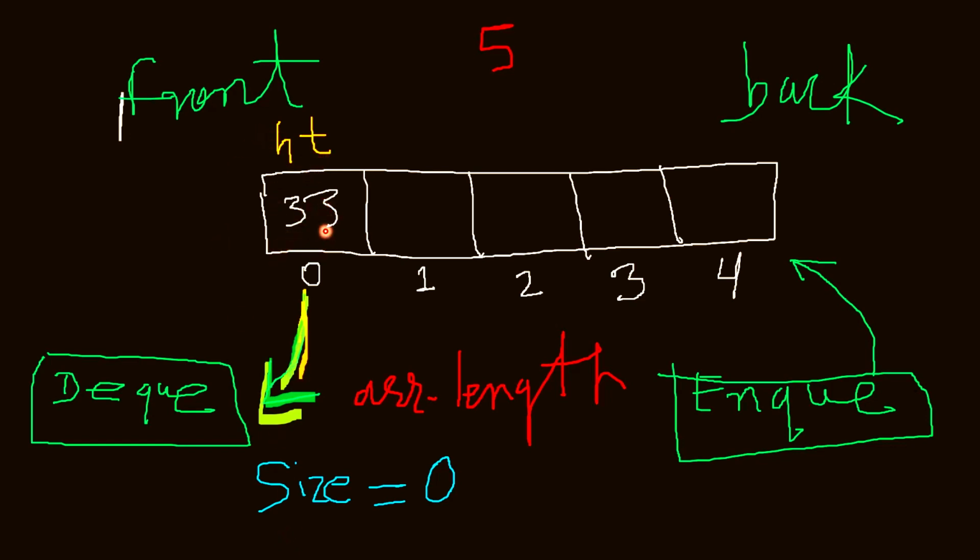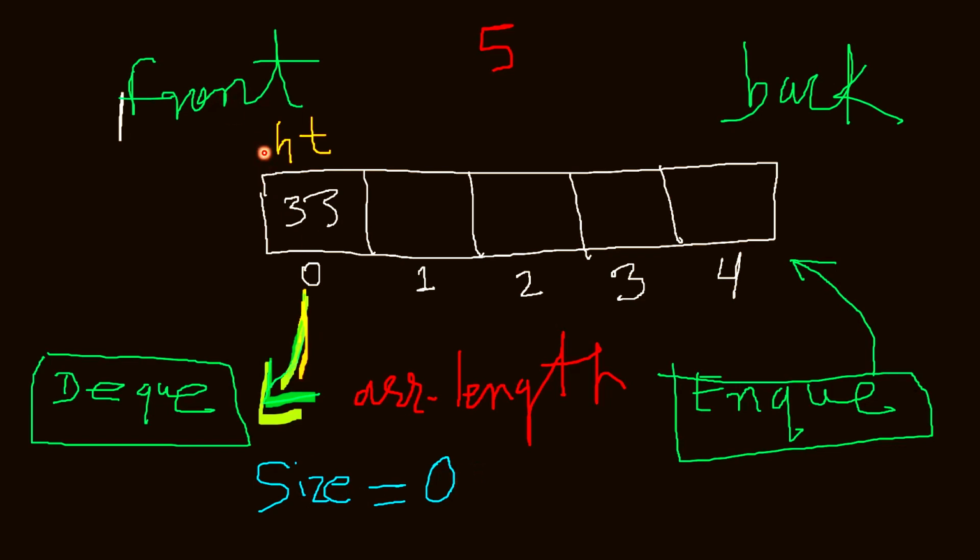So let's say, what is the element at index 0, or we can say at head, what is the element? We'll say that head is 0, so at head the element is 33, isn't it? And one more thing, guys, whenever we add a new element, we should also increase the size at the same time.